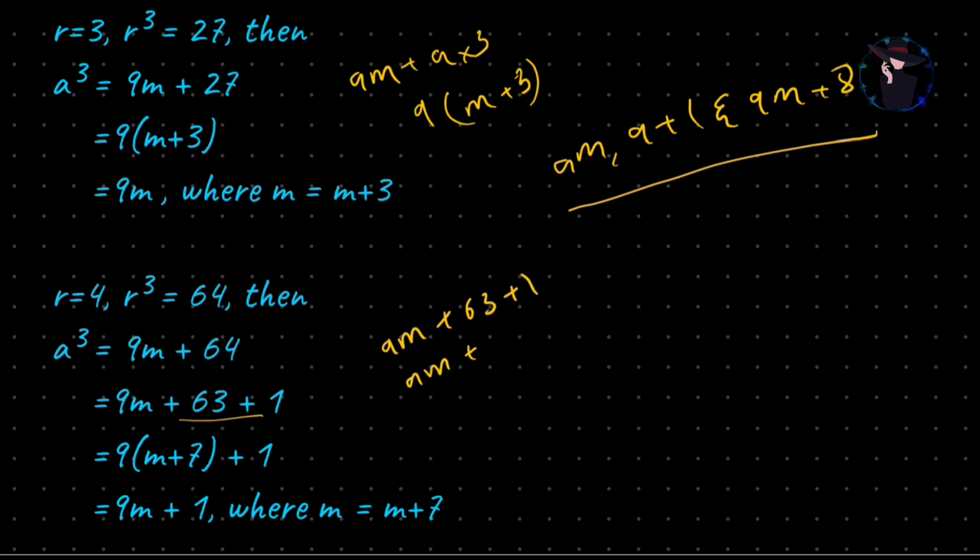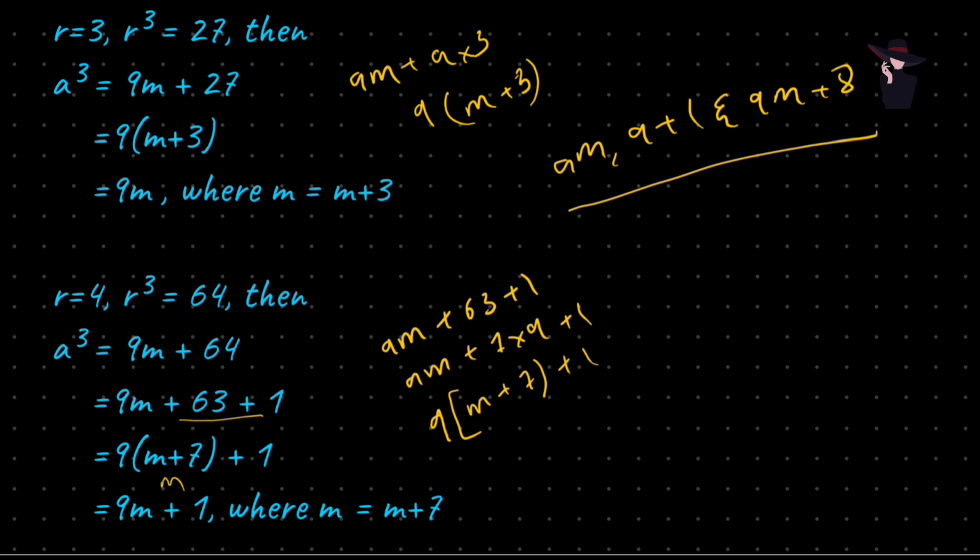9m plus 63 plus 1 is 9m plus 7 into 9 plus 1. So we are taking 9 common from this and this. Let's take 9 common: m plus 7, plus 1. Let's take this as m, so it is 9m plus 1, right?